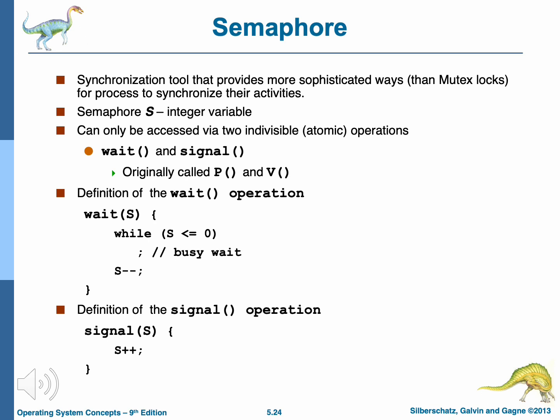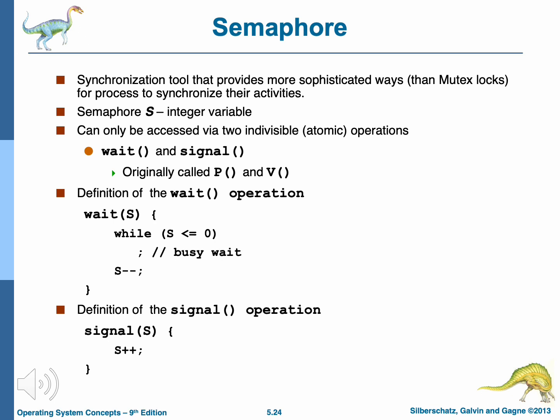A semaphore S is an integer variable that, apart from initialization, is accessed only through two standard atomic operations: wait and signal. The wait operation was originally termed P, from the Dutch proberen, to test. Signal was originally called V, from verhogen, to increment. The definition of wait is given here. The definition of signal as well is given here.